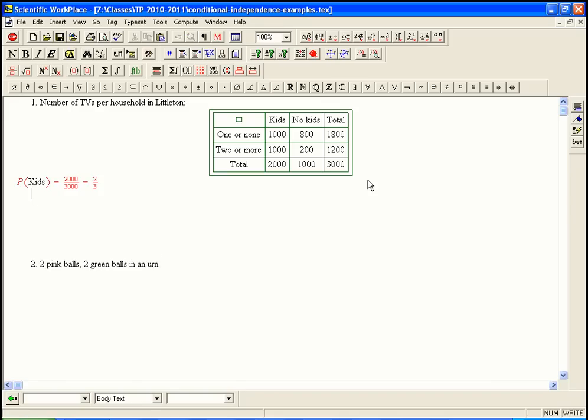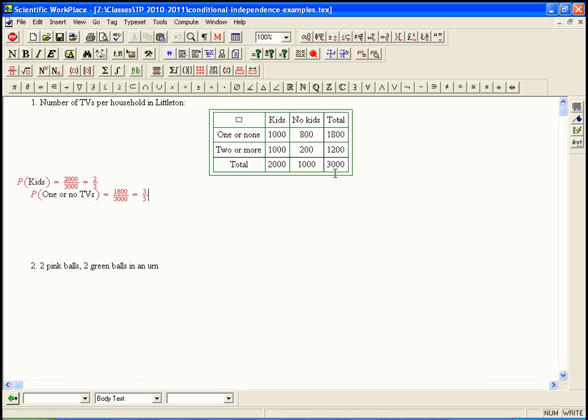And then what about the probability that we have one or no TVs? That's going to be equal to 1,800 over 3,000, and that is 3/5 when you reduce it.